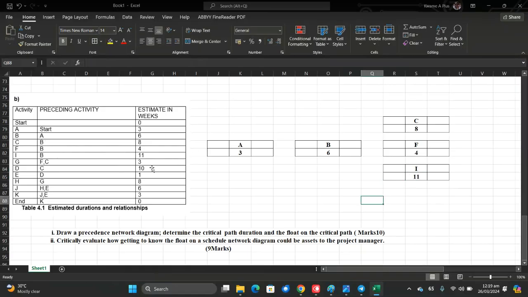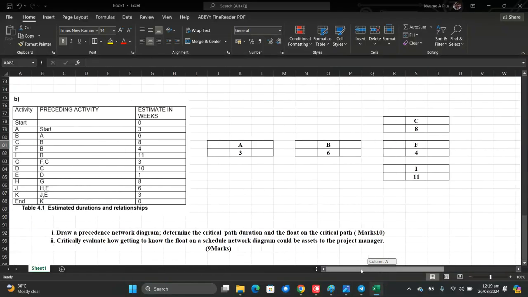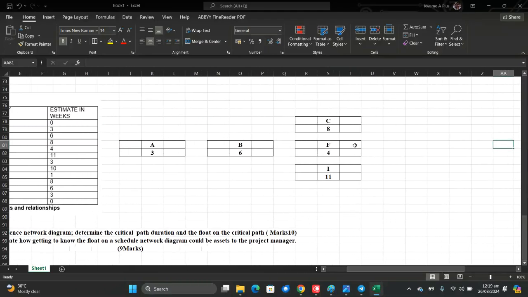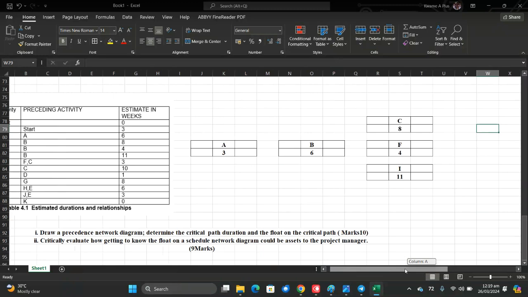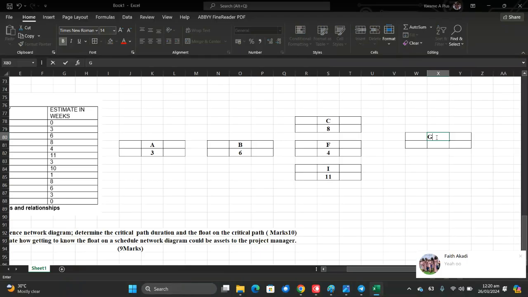And then FC precedes J. After FC, C precedes something again. So FC precedes J. Okay. Let me just put J here and let me make the diagram look neat.